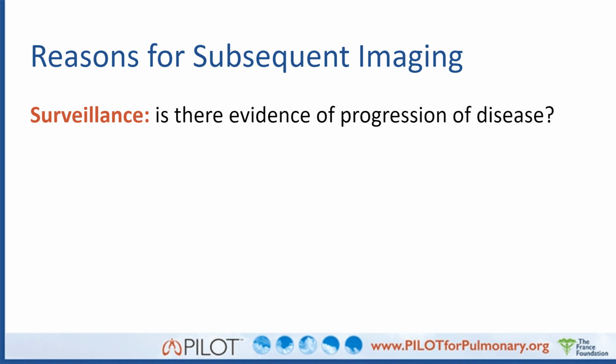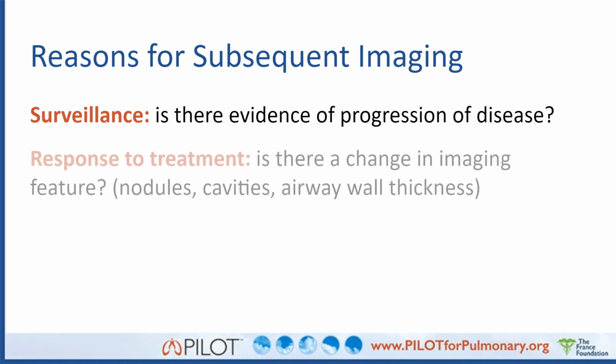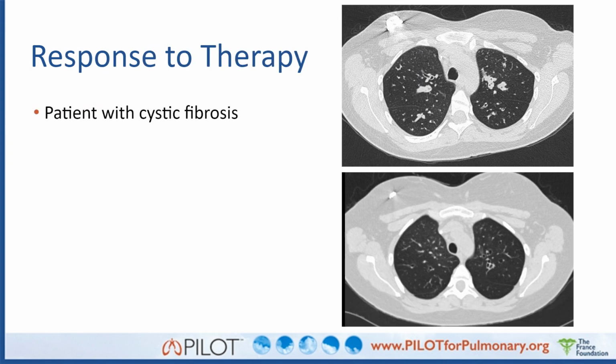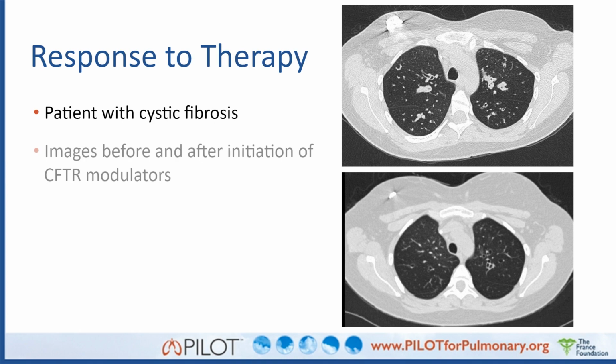Another reason why we might get subsequent imaging is to assess a response to treatment. Has there been a change, for example, in the nodule densities, cavities, or airway wall thickness? Here's an example of a patient with cystic fibrosis. Images were obtained before and after the initiation of CFTR modulators.